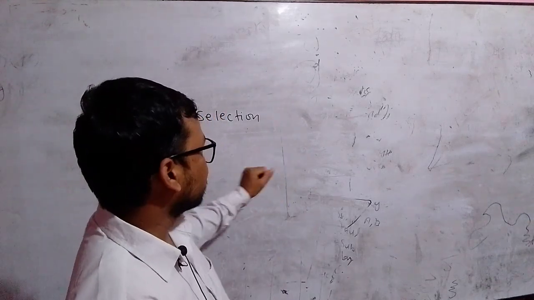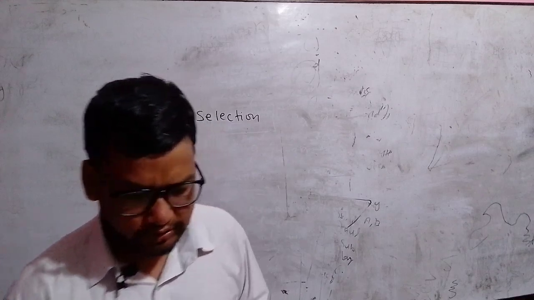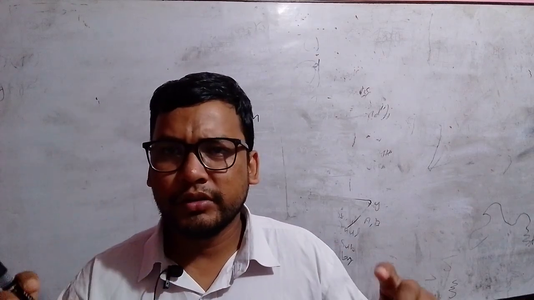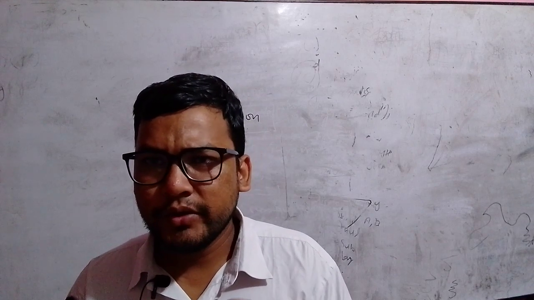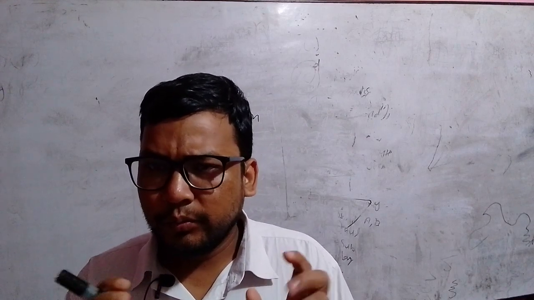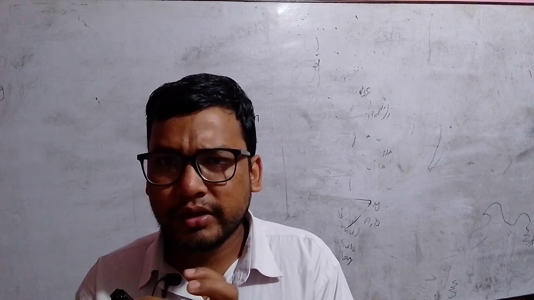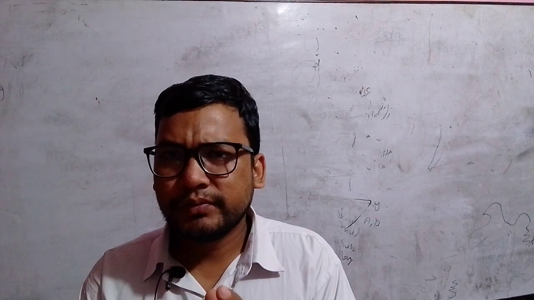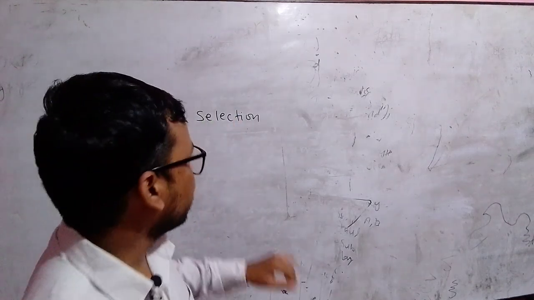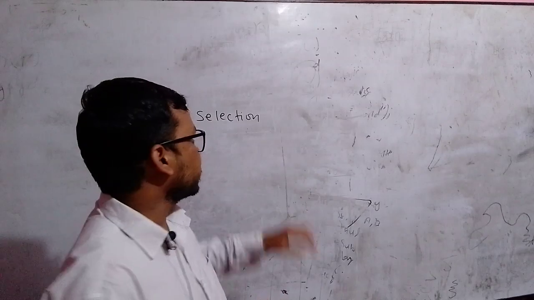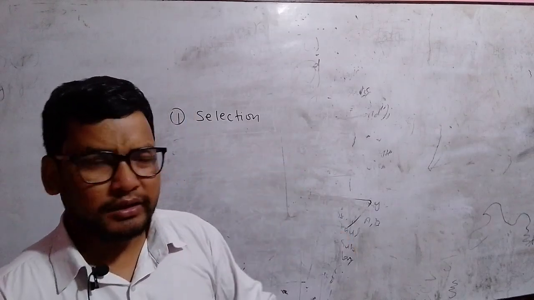Selection in a programming language means we write a number of blocks of code, which is called the program, and we need to decide which block to execute when. This facility is provided by the selection statement.